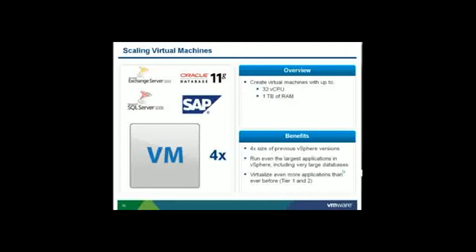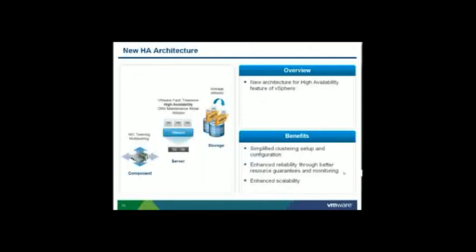In relation to availability, our HA architecture, our high availability architecture, has been completely revamped from the ground up. We do continue to offer a very robust, reliable HA feature to protect you should one of those vSphere hosts fall over or become unavailable.